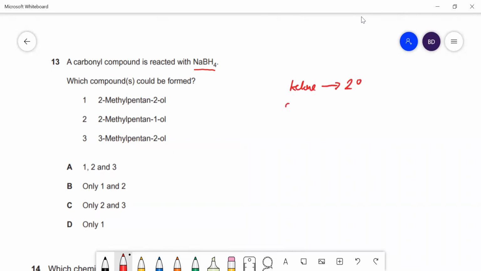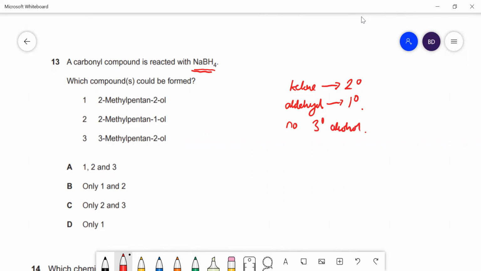It will reduce an aldehyde to a primary alcohol. Okay, so you can't get tertiary alcohols by reacting with NaBH4. So what we need to do is look at the options, and we haven't got any tertiary alcohols there.